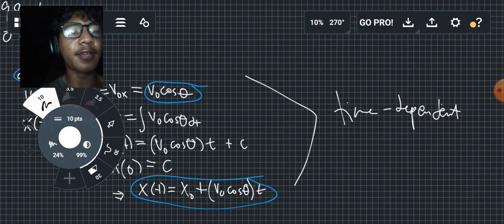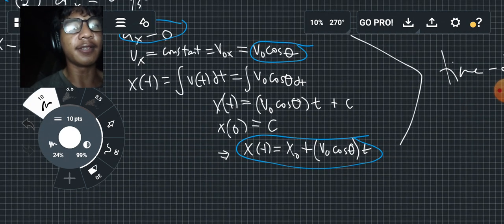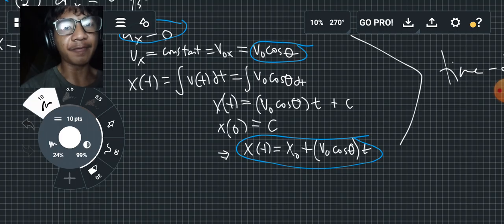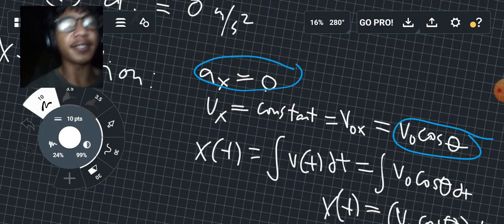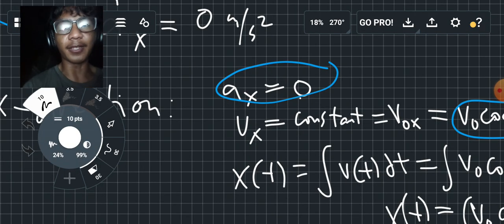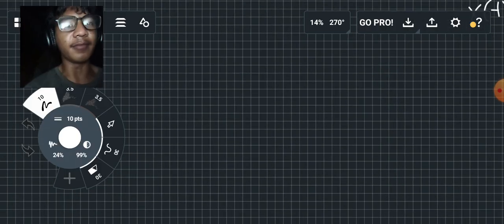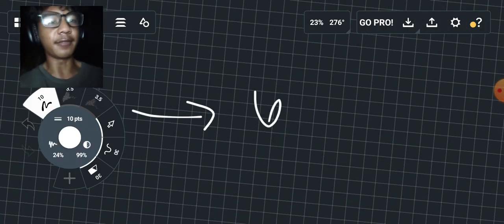They all depend on time. They use time as the variable. But acceleration is zero for the x, so it doesn't really matter there. Here it will matter more in the y direction.